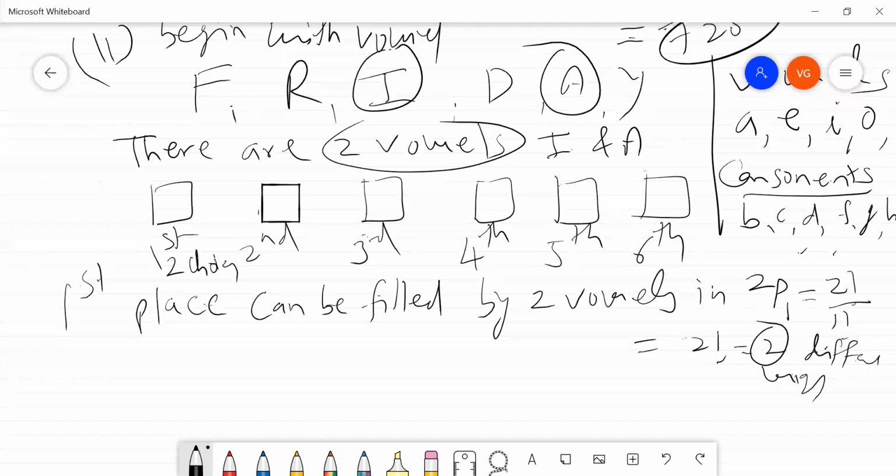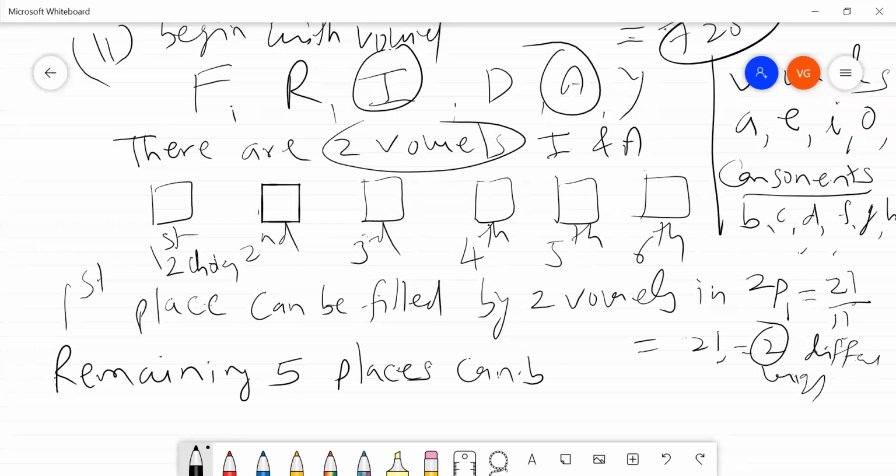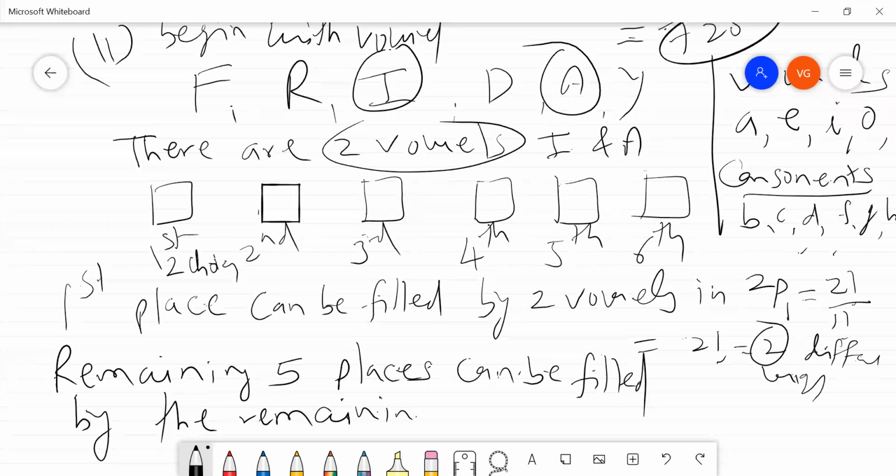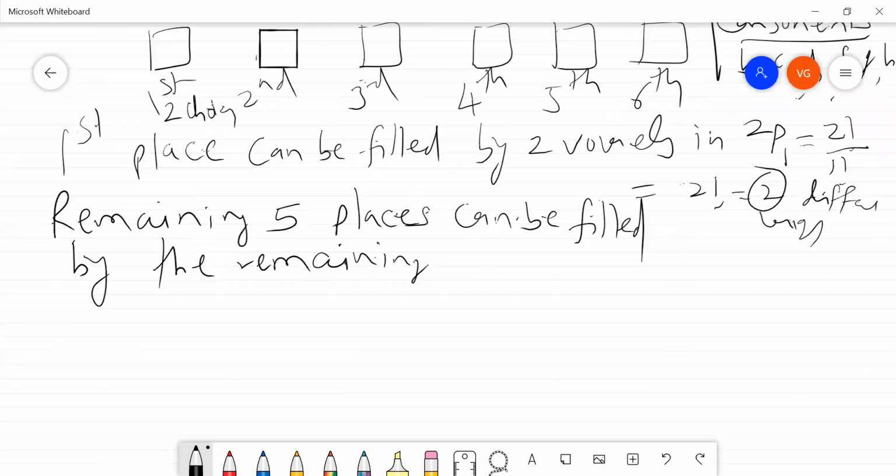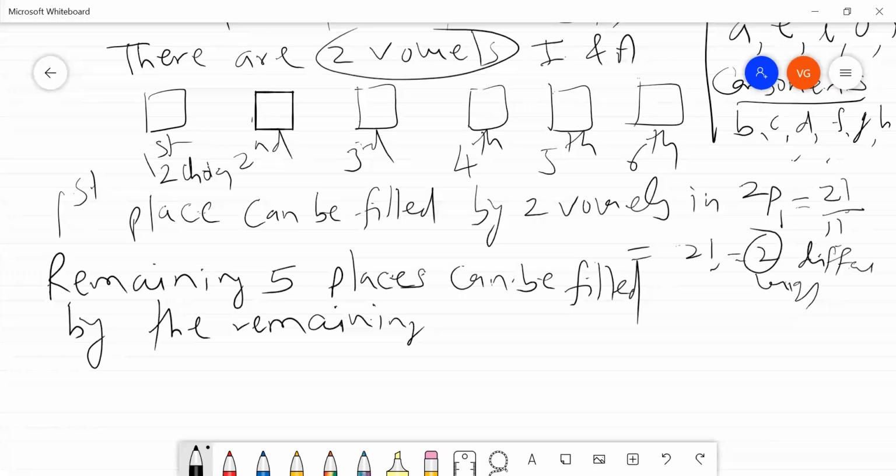Okay. And the remaining places, how many are there? 1, 2, 3, 4, 5. Remaining 5 places can be filled by the remaining letters. Now for the remaining 5 places, I can have the remaining 5 letters, correct?